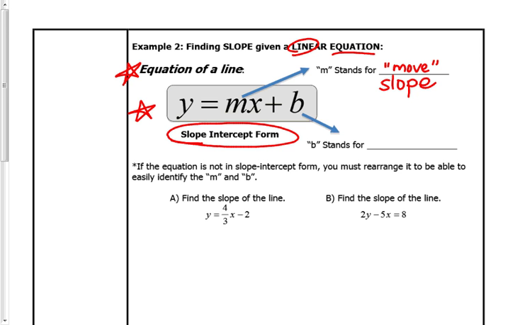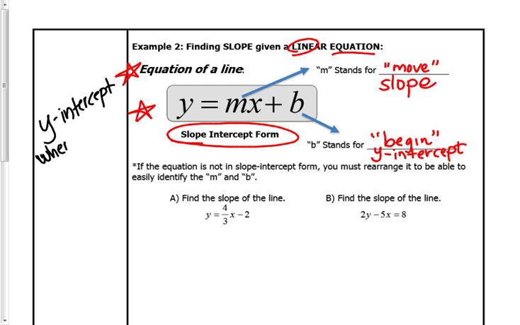We move the slope, okay? b stands for begin, which is really known as the y-intercept. Okay, the y-intercept is also where it crosses the y-axis. So where the line crosses the y-axis.